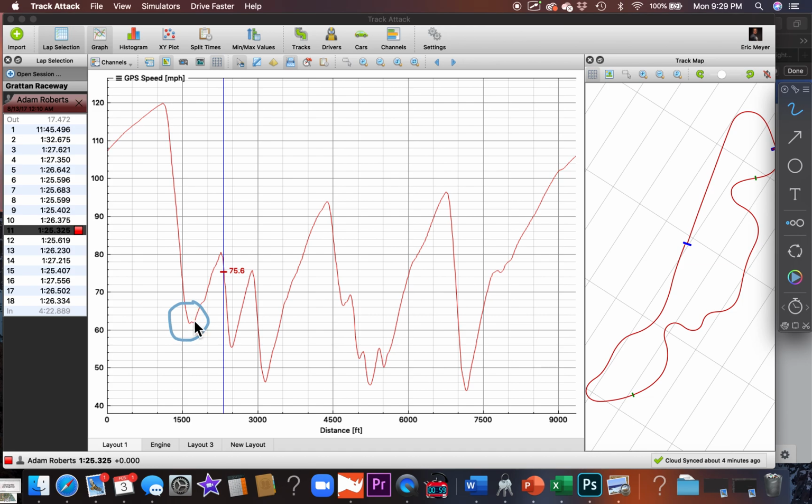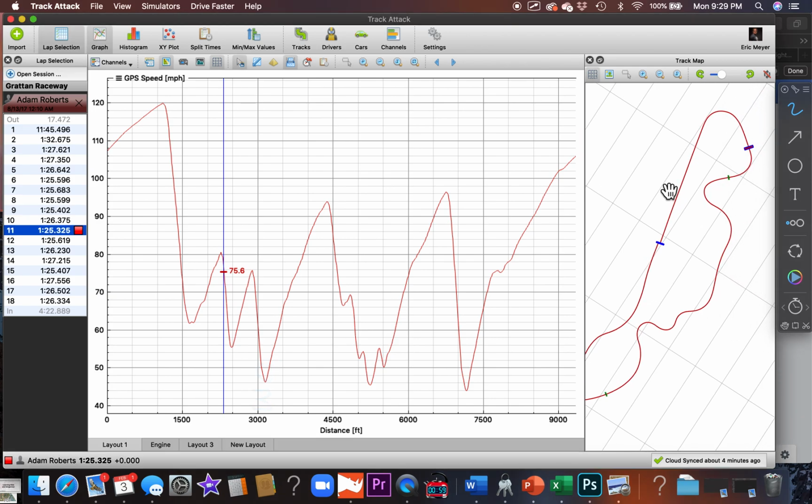So this is turn one, right? And turn two, right? Turn three, right? Is this making sense? Think about that. You're going to come down through here. You're going to brake. There's an apex in here. We're going to accelerate. That was turn one. We're going to brake. There's turn two.